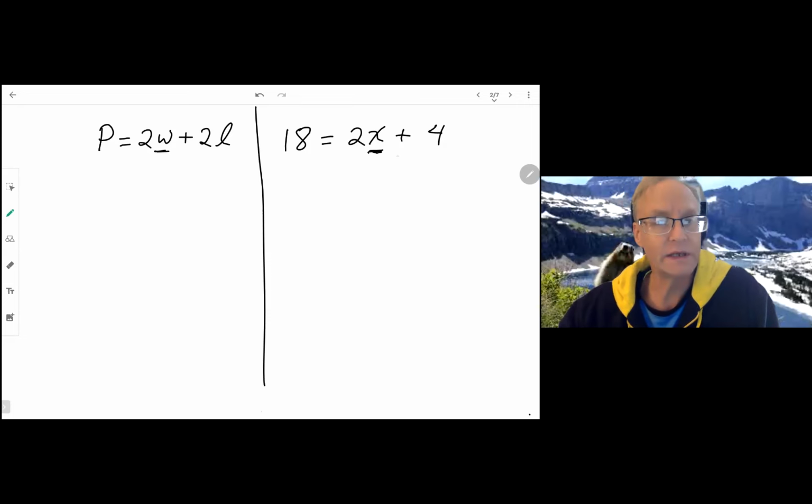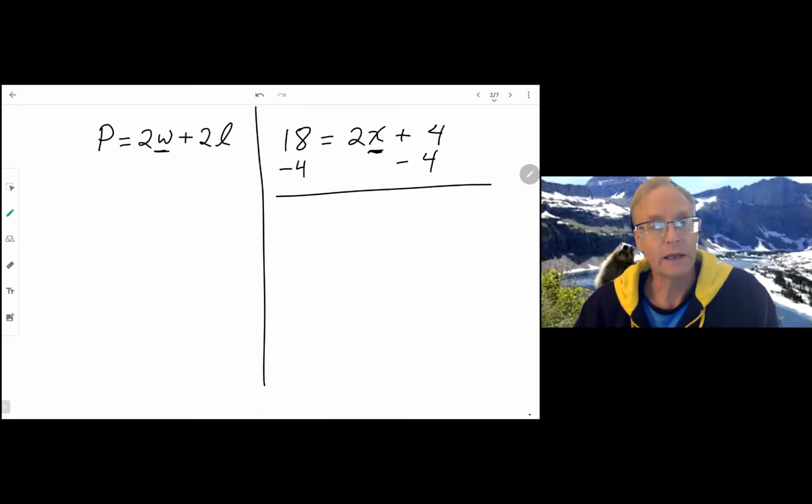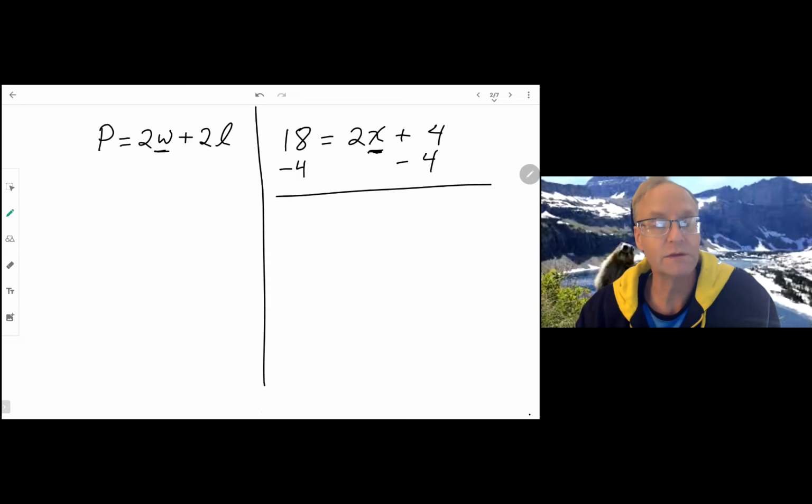The last thing we did on this right side is add 4. So in order to solve this equation, we're going to subtract 4 from both sides. And just like that, when I want to solve for w here on the left, I want to subtract the 2l so that I can get w by itself.